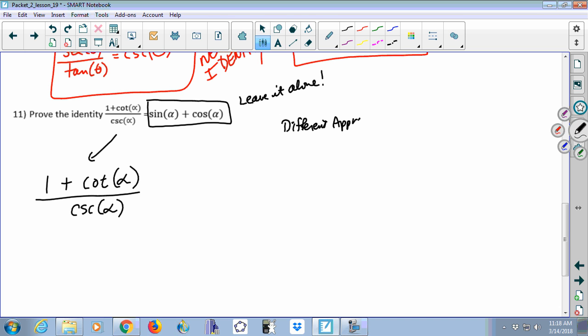You may want to rewrite each of these minor trig ratios in terms of their major trig ratios. So it would be 1 plus 1 over the tangent of alpha, divided by, and cosecant is 1 over sine. Okay, that's one approach. Now, remember, this is a binomial on top. Always keep more than one term on top in parentheses. Now, what might you do?